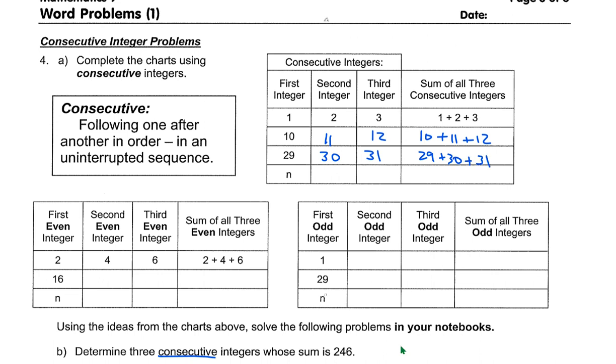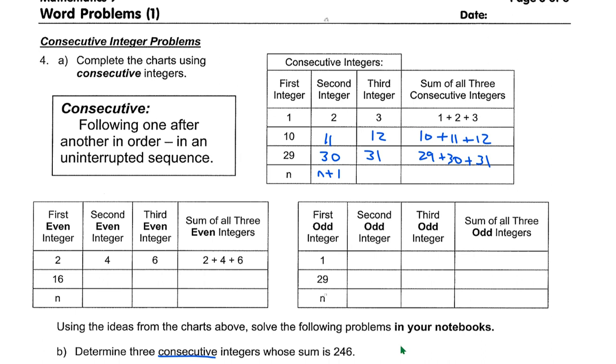Okay, now what if we don't know the first one? So that's going to be our word problem. n will represent the first number. So what's the second number going to be? Remember, it's consecutive, so it's 1 more than the first one. So this will be n plus 1. The third integer is going to be 1 more than the second integer, right?